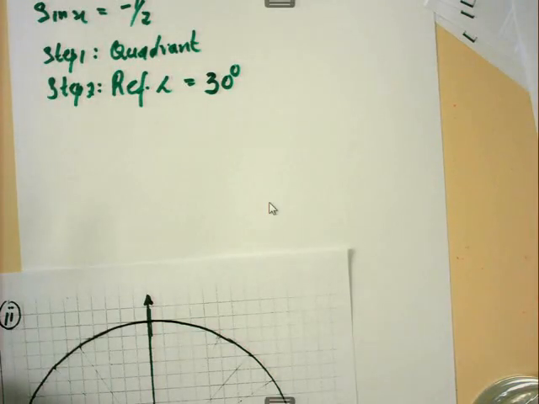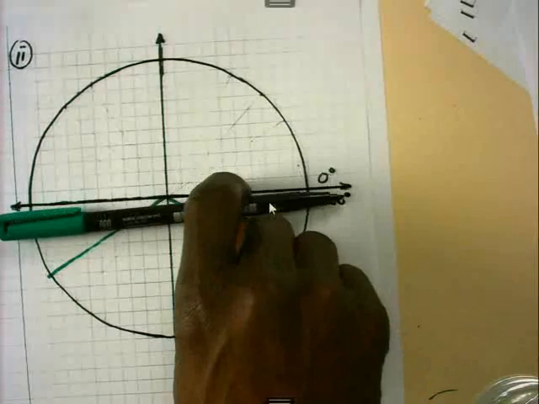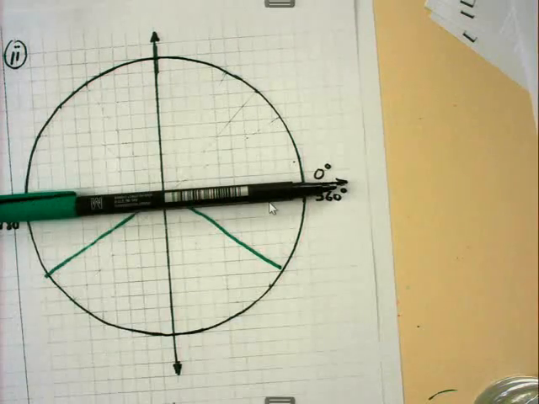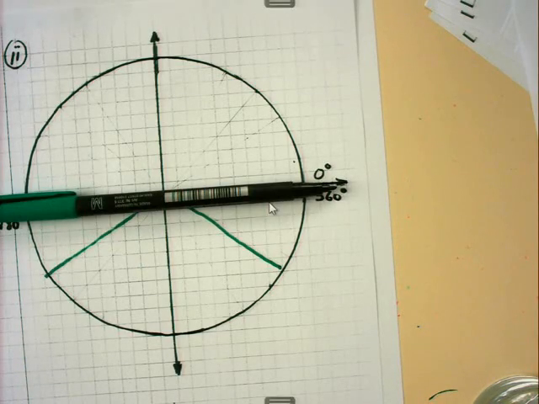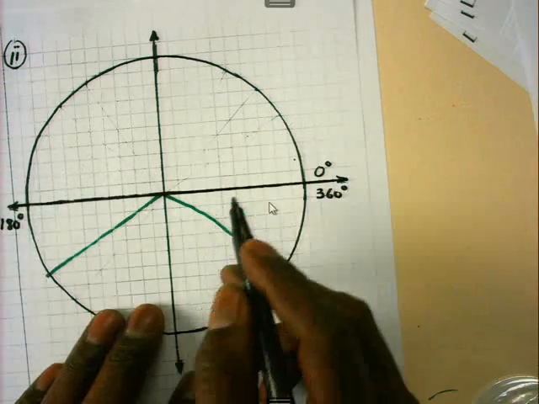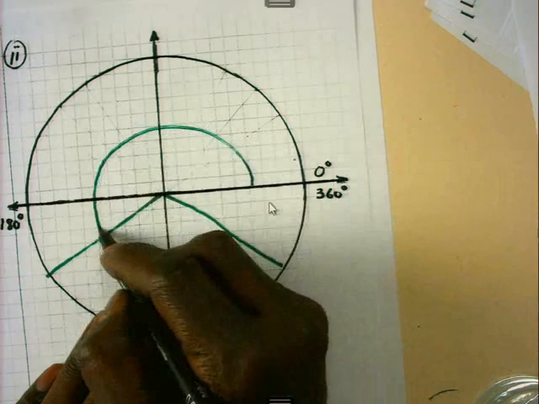Now, what is our solution? I'm going to drop my marker once again, just to print this in your brain that we always use the x-axis to find the solution for the problem. So we're going to start from here. We go up to there.